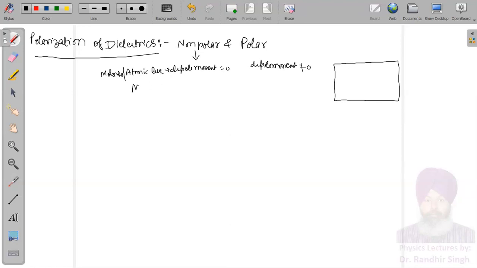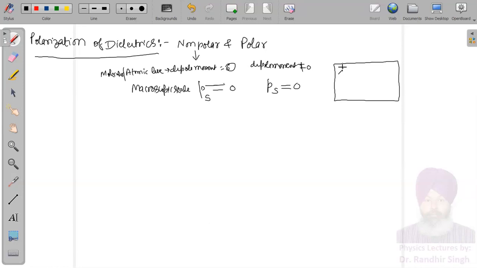But at macroscopic scale, the dipole moment is 0 for the full sample, whether it is polar or non-polar. This is something that we have discussed previously, and our lecture time was over when I was discussing that.